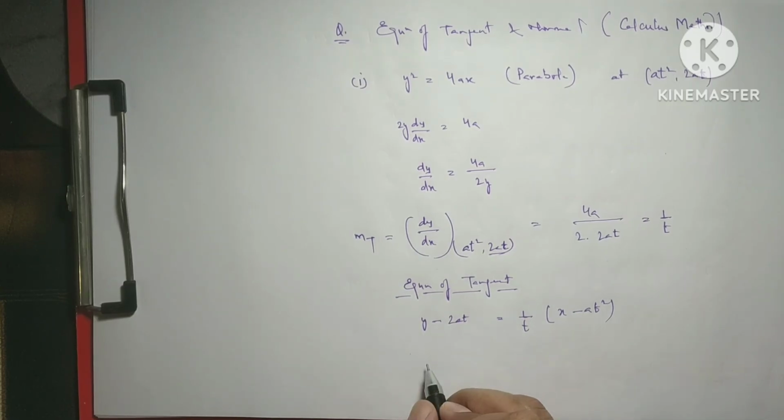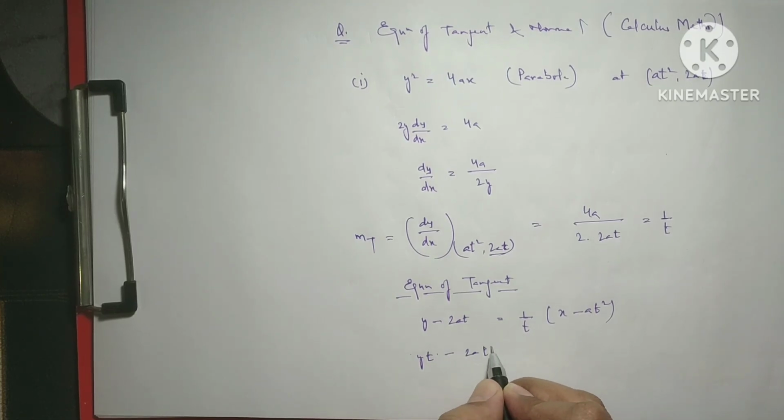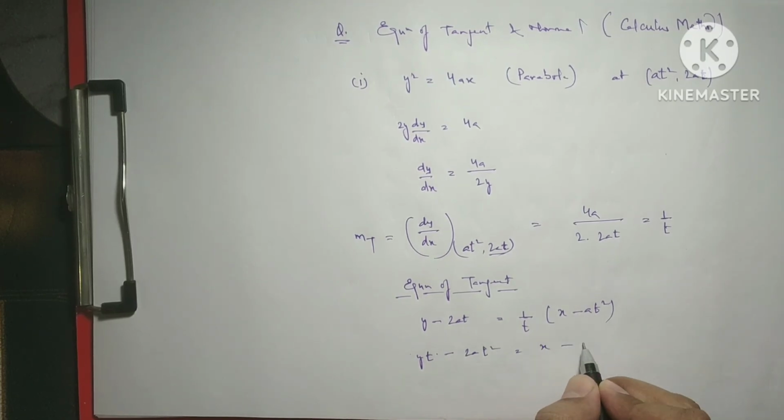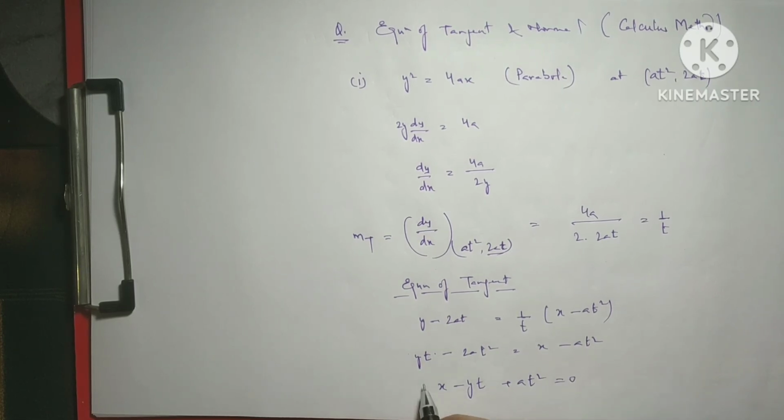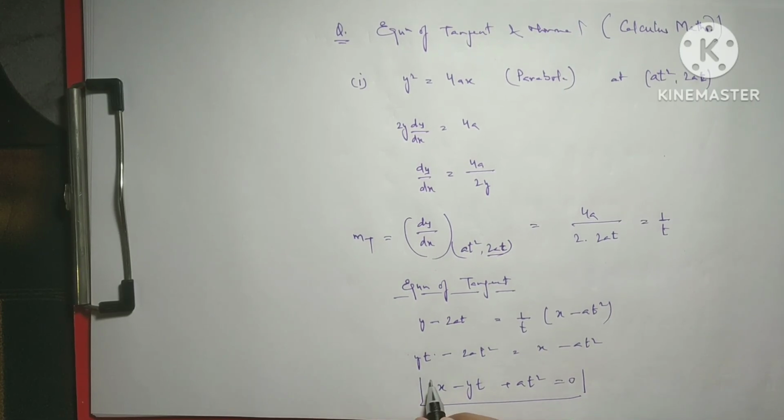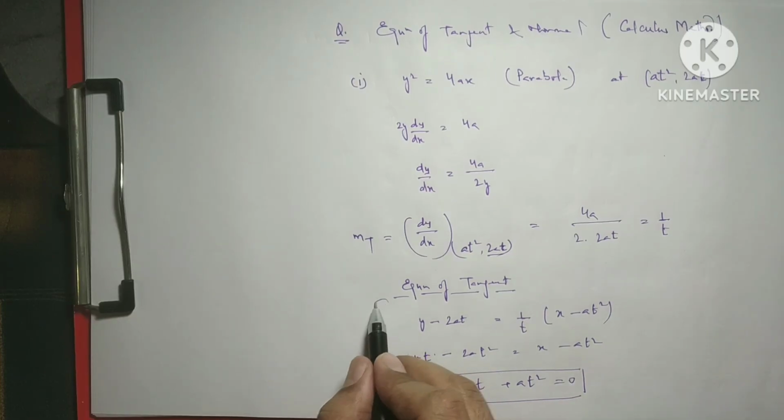So on multiplying this, it is yt minus 2at square equals x minus at square. So you get x minus yt plus at square equals 0. So this is the equation of tangent.